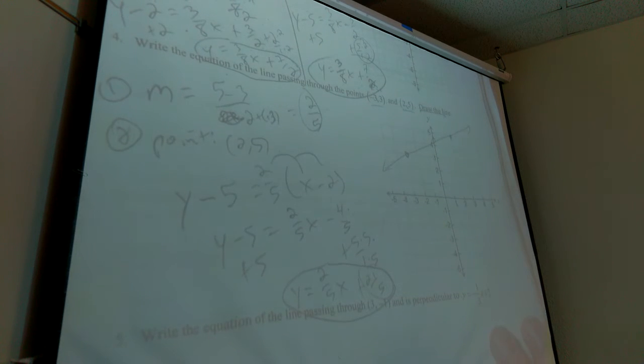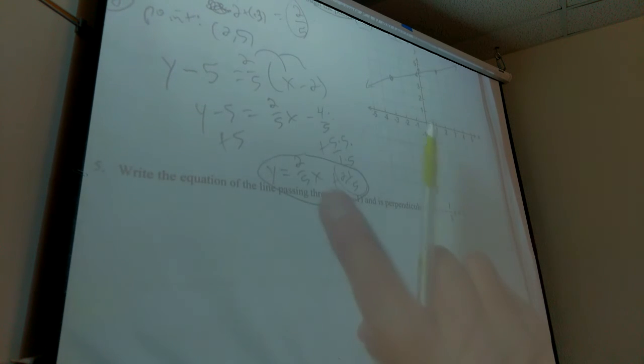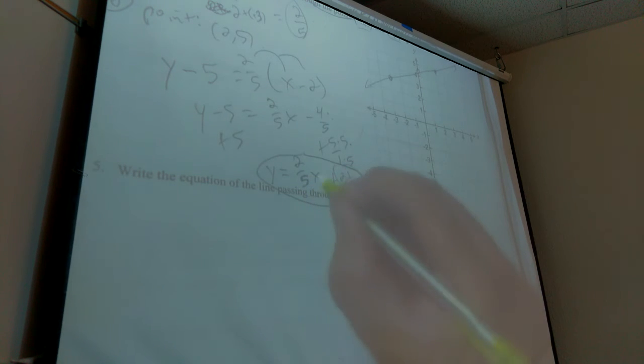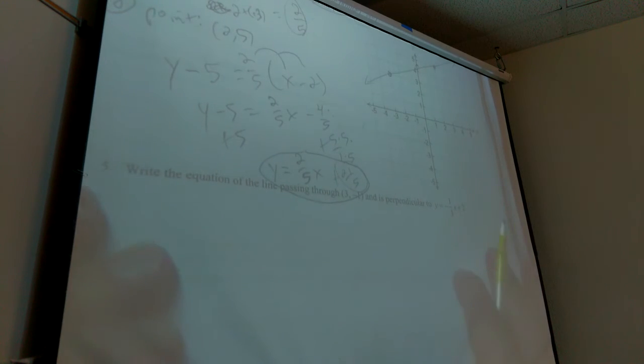Can you just read off the last line? y equals what? 2/5 x plus 21/5. Can you also solve it based on points (-3, 3)? Of course. Theoretically, yes.